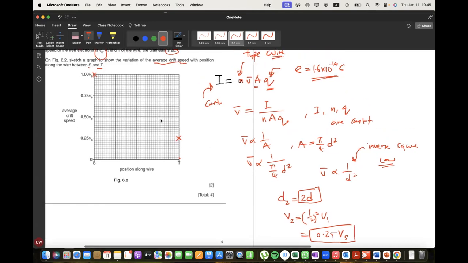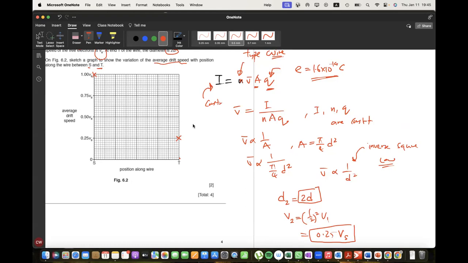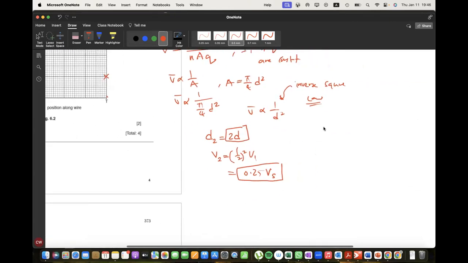So now we need to check whether it's a straight line or a curve. So which one is correct? How are we going to draw this thing? Inverse square law.